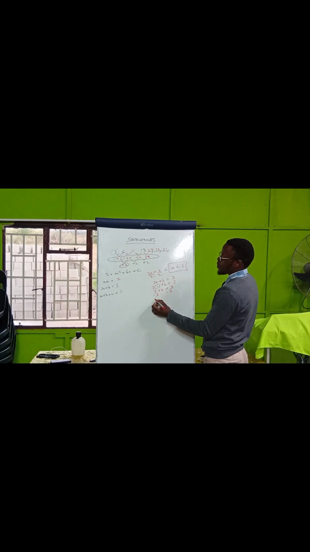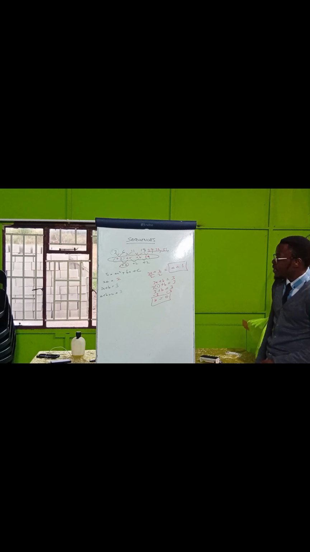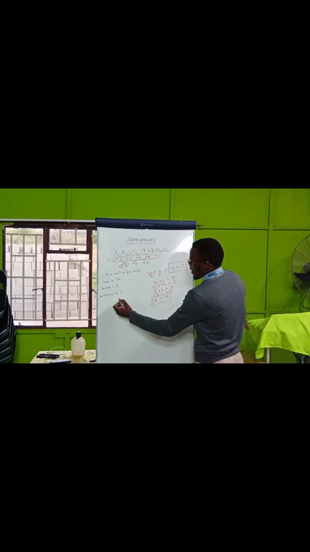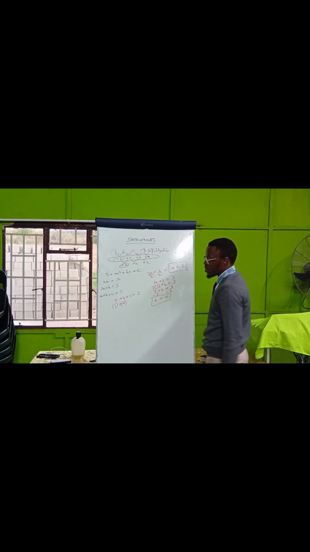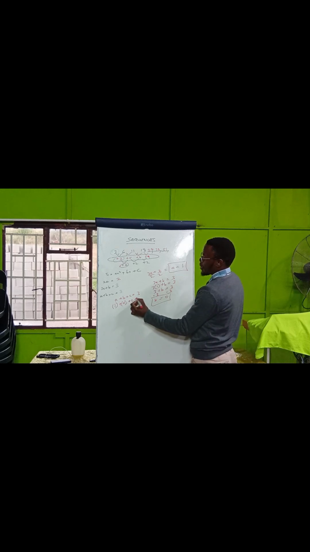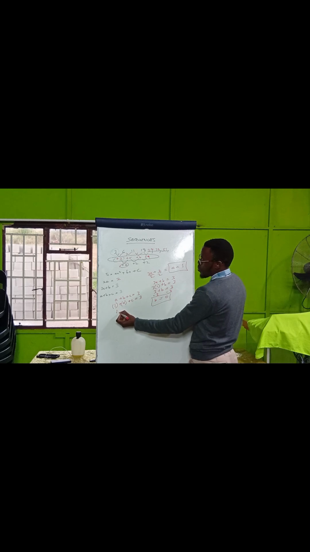Subtract 3 both sides, so b equals 0. b is solved. Then lastly, a plus b plus c equals 3. The value of a has been determined, it's 1. The value of b has been determined, it's 0. So the equation will now be 1 plus c equals 3.